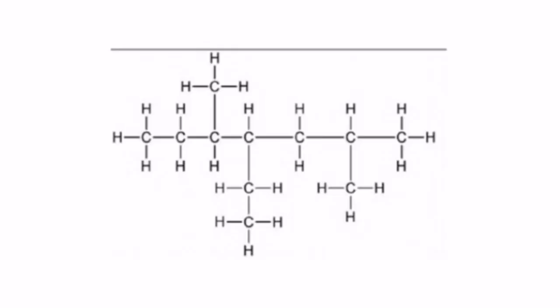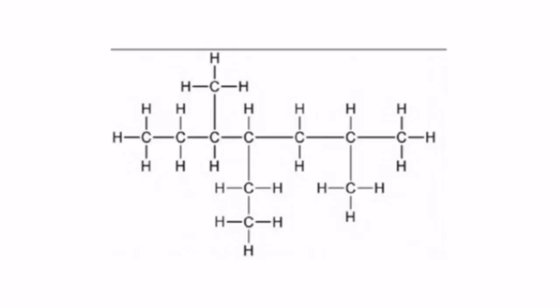E comes before M, meaning that if we have 2 different types of branches on the carbon chain of a structure, we are going to start by making the ethyl branch the first branch to name. Why? Because it comes first.